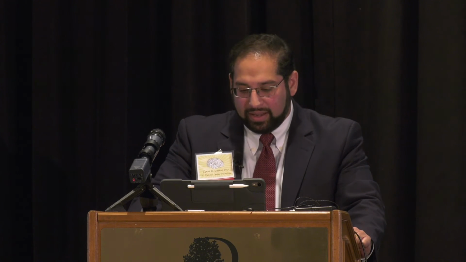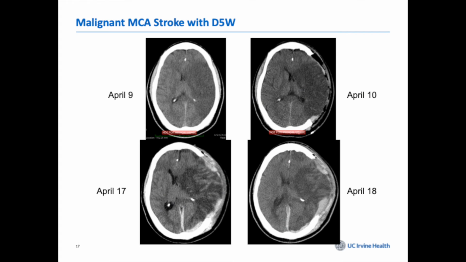But we also gave him 23% saline. We gave him a bolus of that, and we'll talk about that after this. And we were able to rapidly raise the sodium back up to about the mid-140s, and that resolved his clinical syndrome and resulted in the improvement in shift here that you see on the CT.